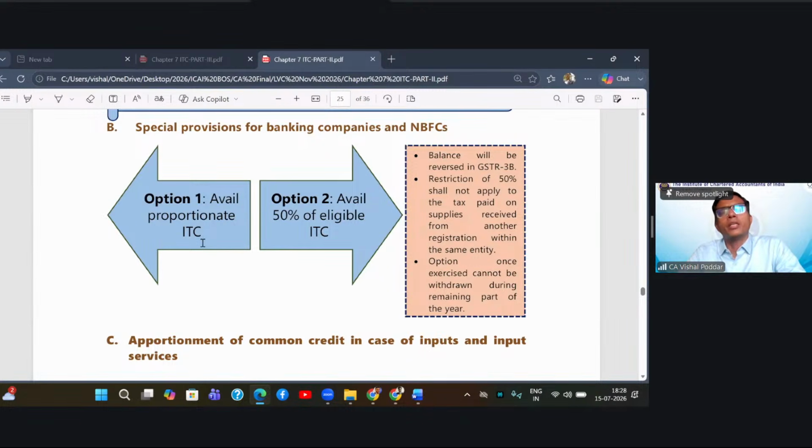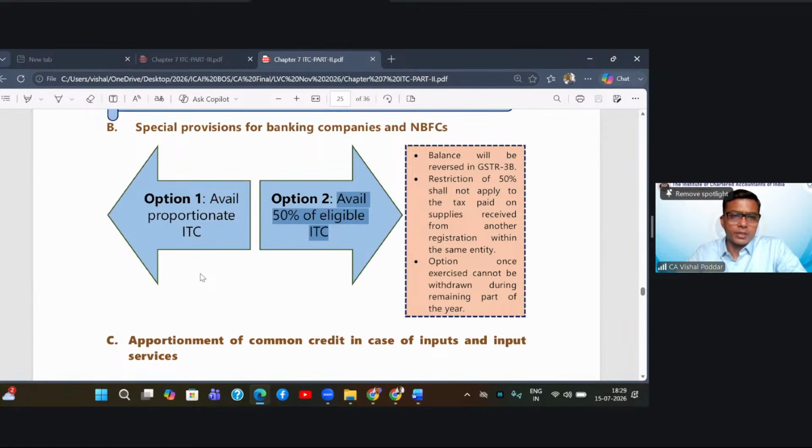Now Section 17, subsection 4 has given an option to the bank. First option is you do the proportionate reversal as discussed above, so in the ratio of your taxable and exempt supplies, you can do the proportionate reversal. Two, instead of doing that proportionate reversal every month, doing the calculation, you can simply do one thing. Whatever are your inward supplies from outsiders, for those supplies, take 50% credit.